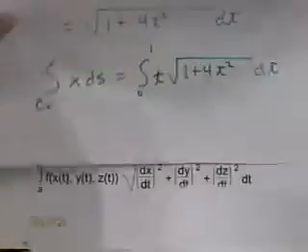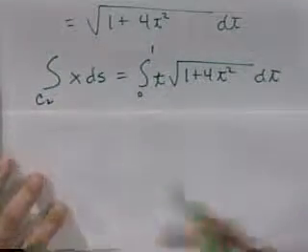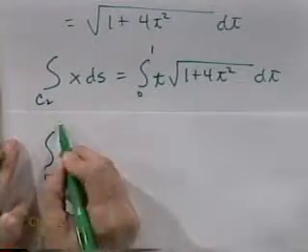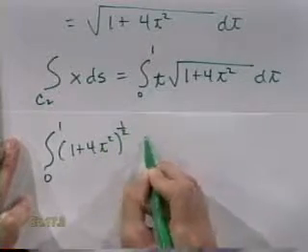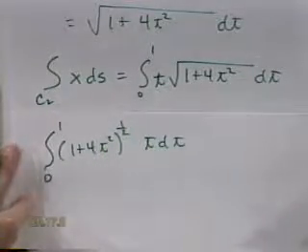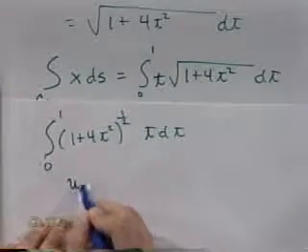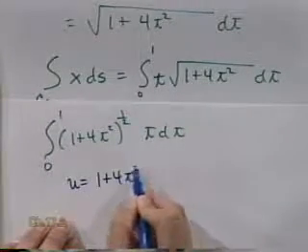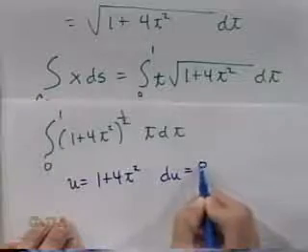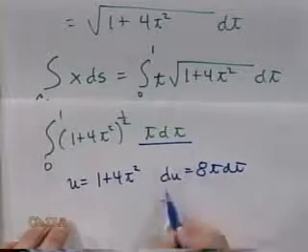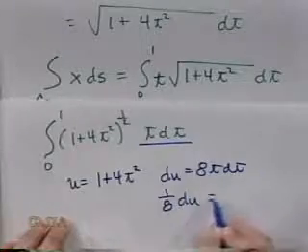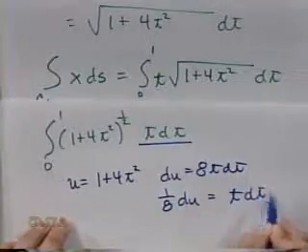It's not all that tough, is it? What are we going to let u be? u is going to be 1 plus 4t squared. So du is 8t dt. Since I have t dt, maybe you want to multiply through by an eighth on both sides. So 1/8 du is t dt.